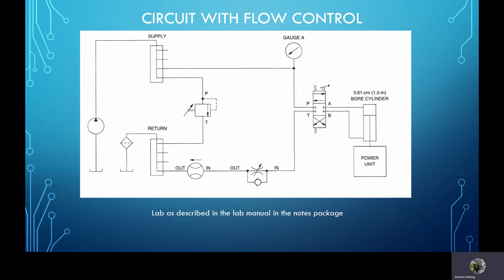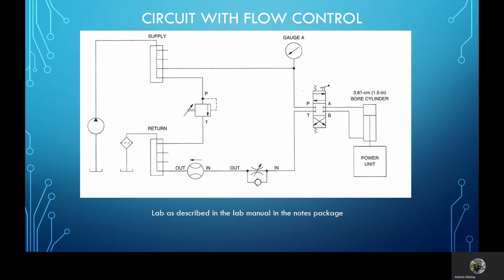You could see the stroke and speed on the cylinder with no load on it was affected by the speed control. Looking at the speed control in the bottom of the schematic diagram there, you'll notice that it does have a check valve, and it has a variable orifice there which allows me to change the speed control.